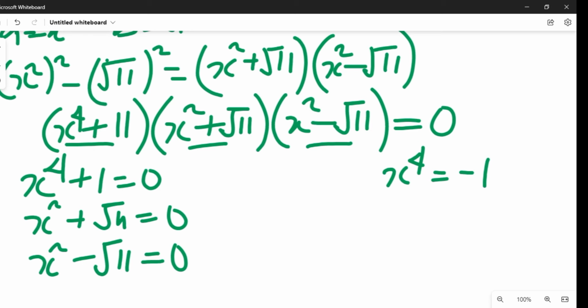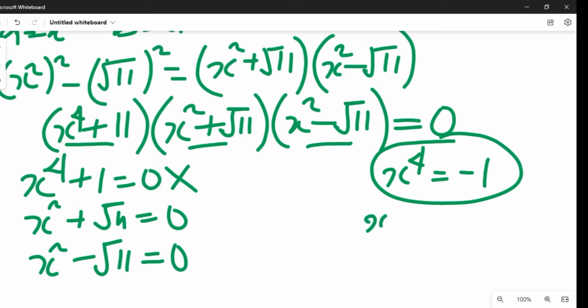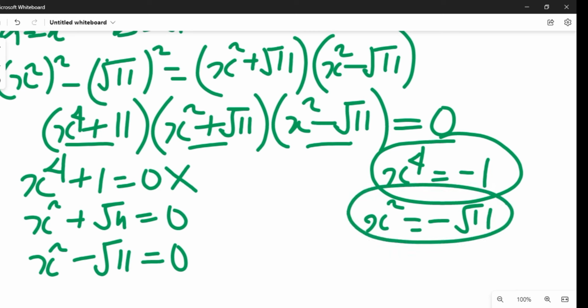So that means this value will give us an imaginary result, which is a non-real value. So we'll leave this. If we analyze this, we are going to have x squared to be equal to minus square root of 11. This will also give us an imaginary result. Then we'll leave this. If we analyze this, we are going to have x squared to be equal to square root of 11. This will give us a real value.